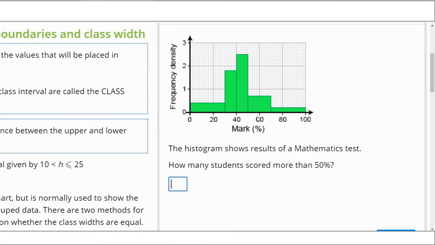And the width of this is 50 to 70. So it's 20, right? So it's 20.